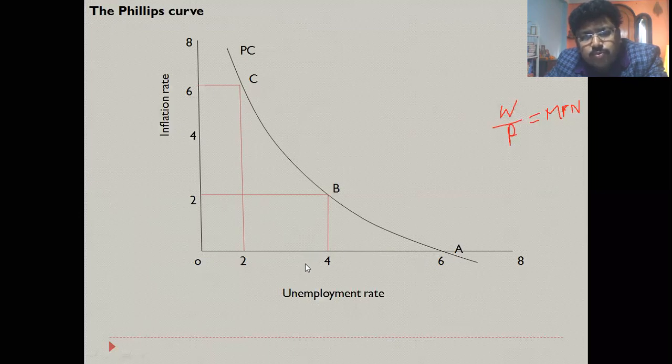For example, you can say that the government's money supply growth is 3% in an economy, and the government has increased that amount by 2%, and now 5% monetary growth is there. So as a result of this, there is a demand for goods in the goods market, and there is a demand for labor in the labor market, and that will reduce the unemployment rate.